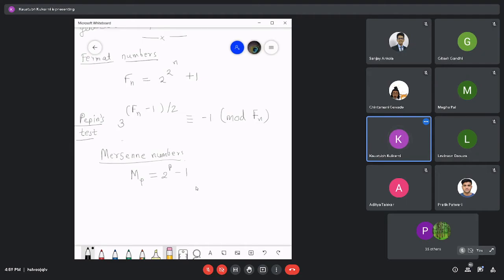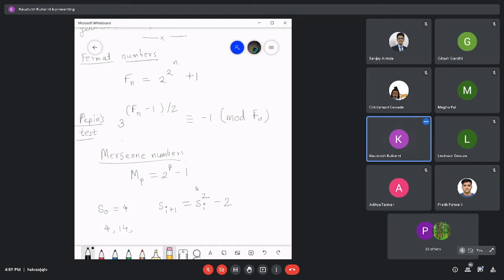We define a sequence for the test as S0 is 4 and S(i+1) is equal to Si square minus 2. So S0 is 4, then S1 is 4 square minus 2, that is 14.